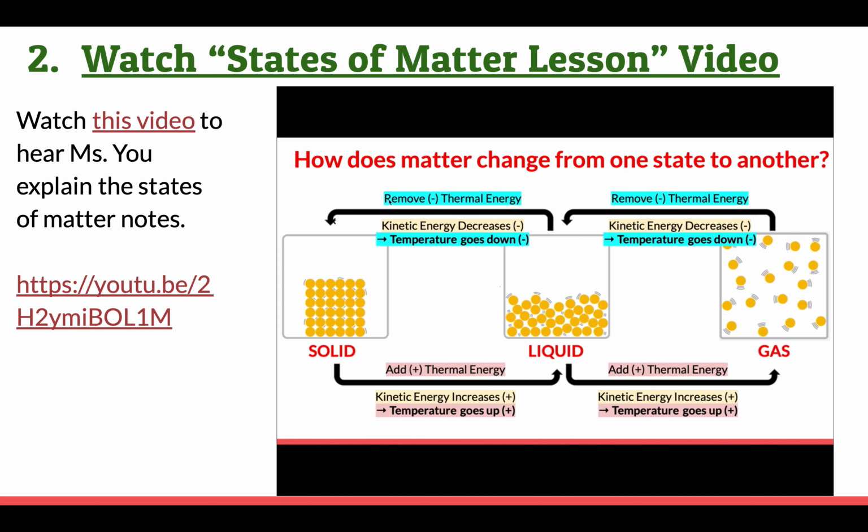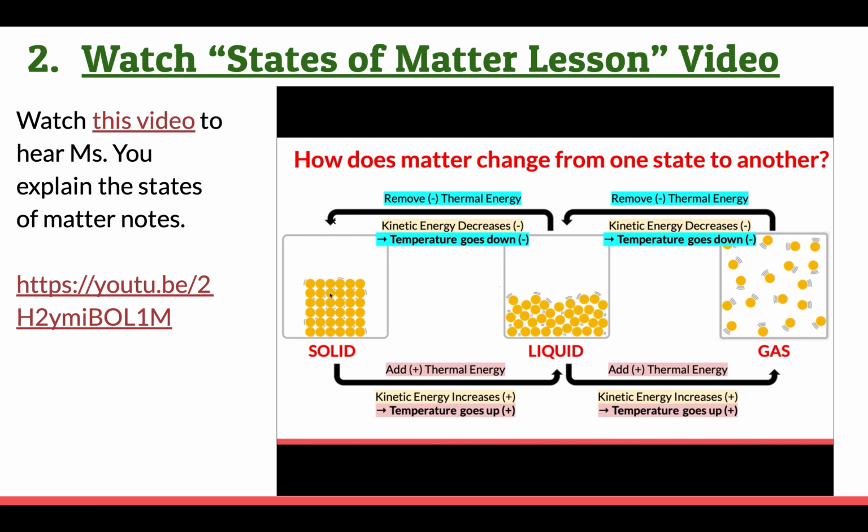Thermal energy will be removed, it will be taken away, which means that these particles are going to start to move less and less and less. Their kinetic energy will decrease, the temperature will drop, it will go down, and soon enough, all of the particles will start to get very, very tightly packed together, and they're going to start to only vibrate side to side instead of sliding past one another. So that's how you go from liquid to solid.